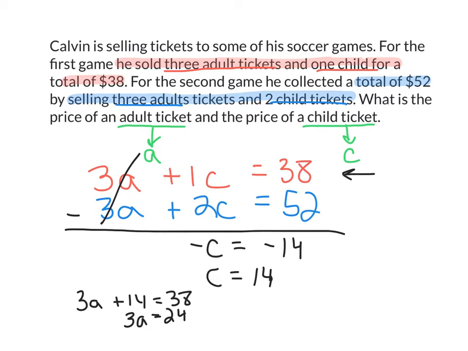And then dividing by 3, we'd end up with 8. So A equals 8. So C equals $14. A equals $8.